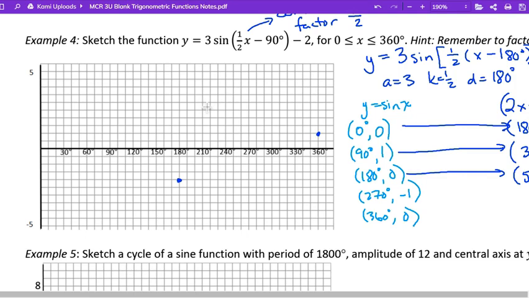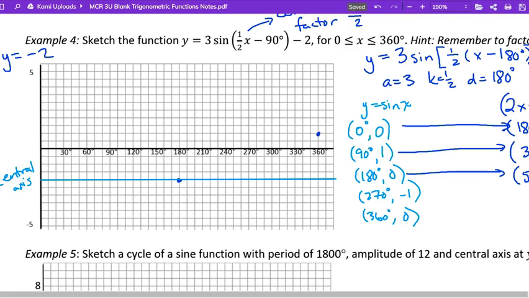What is going to be the central axis? Central axis is y equals c. What is my central axis? -2. This helps me because then it gives me a sense, oh, we're oscillating.